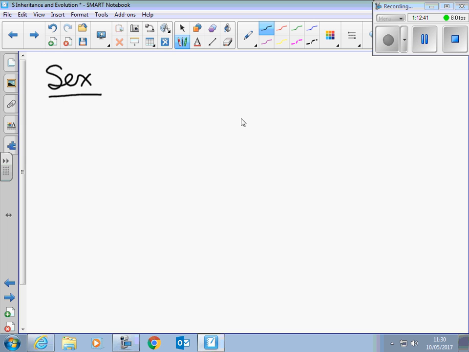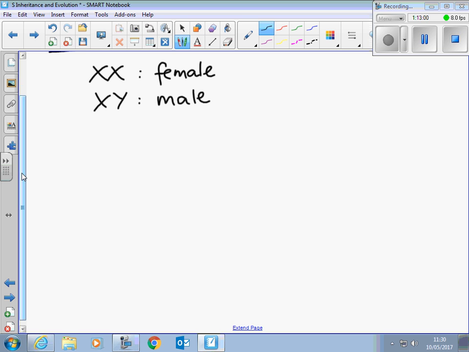So we've got XX in humans as our female, and then XY for the male. So it is fathers who determine the sex of their children. Not that Henry VIII would have had that, of course.